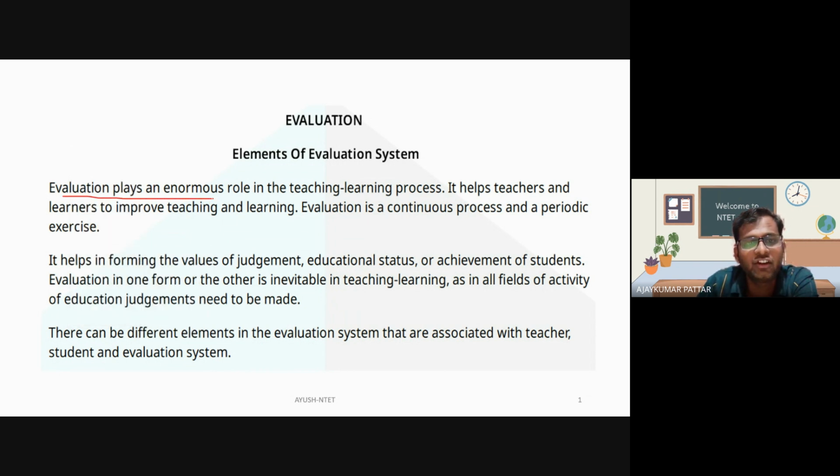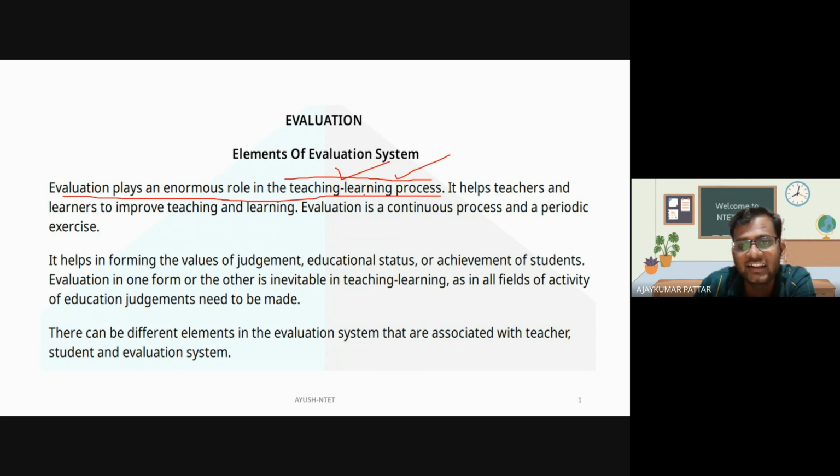Evaluation plays an enormous role in the teaching learning process. In the teaching learning process, the teacher will teach and the learner, the student, will learn. If we don't make the evaluation, then how will we know whether teaching is going well, whether learners are learning, whether the learning outcomes are happening, or whether the teaching method is good or not?